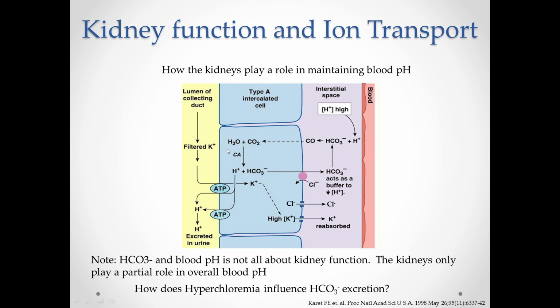Now again, in this portion of the diagram, you see another depiction of the body's buffering equation. Ca right here stands for carbonic anhydrase. This water and CO2 are then broken down into hydrogen and bicarb. And hydrogen, through an ATP transporter, is ultimately secreted in the urine.